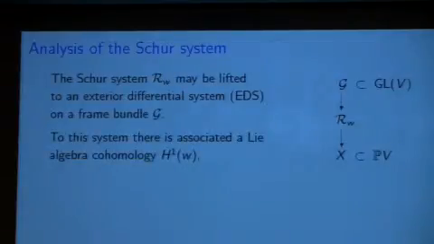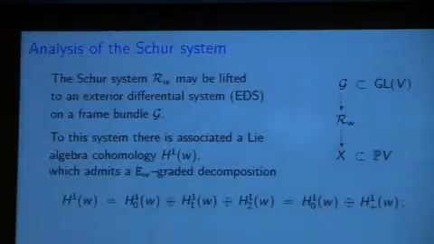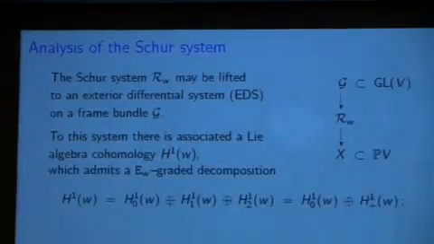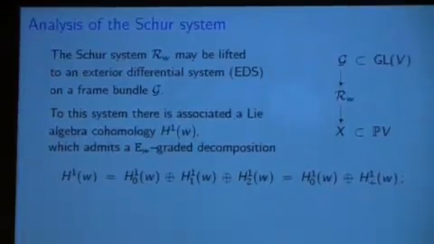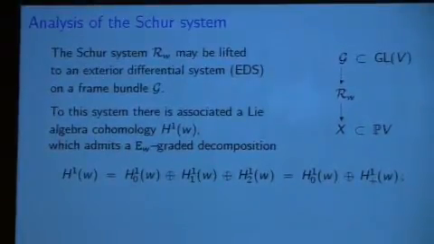Okay? And as you churn through the EDS machinery to study this system, a Lie algebra cohomology pops up, and it admits an E sub w graded decomposition. That E sub w, remember, is the grading element, that element of the parabolic subalgebra that is given to us by our choice of marking J on the subdiagram.